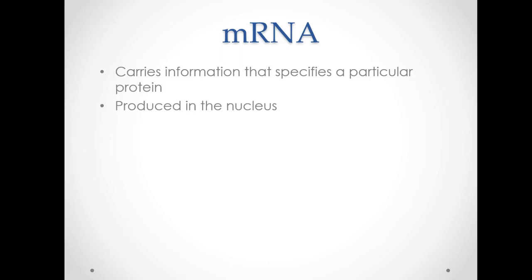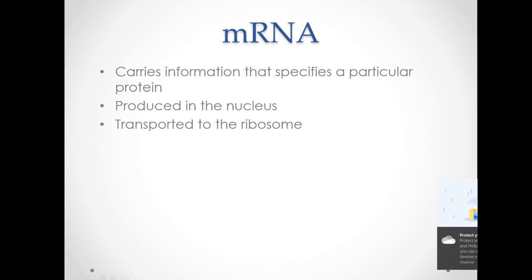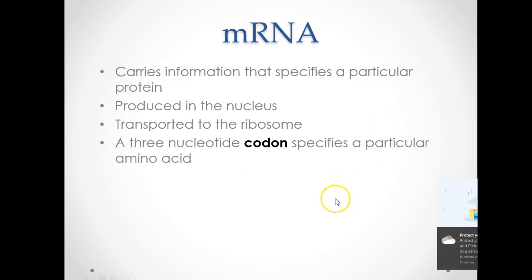So we make messenger RNA inside of the nucleus, and then it leaves the nucleus and goes out to the ribosomes. I don't know if you remember, but in our cell discussion, we talked about these little tiny organelles called ribosomes, and they were workbenches. They assembled proteins. That's where the message needs to go.